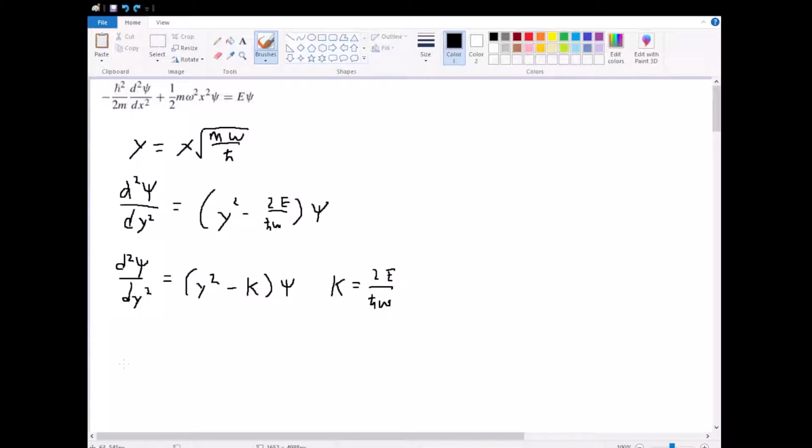So what we mean by that is that we're going to approach d2 psi over dy squared being roughly equal to y squared psi when y is large.